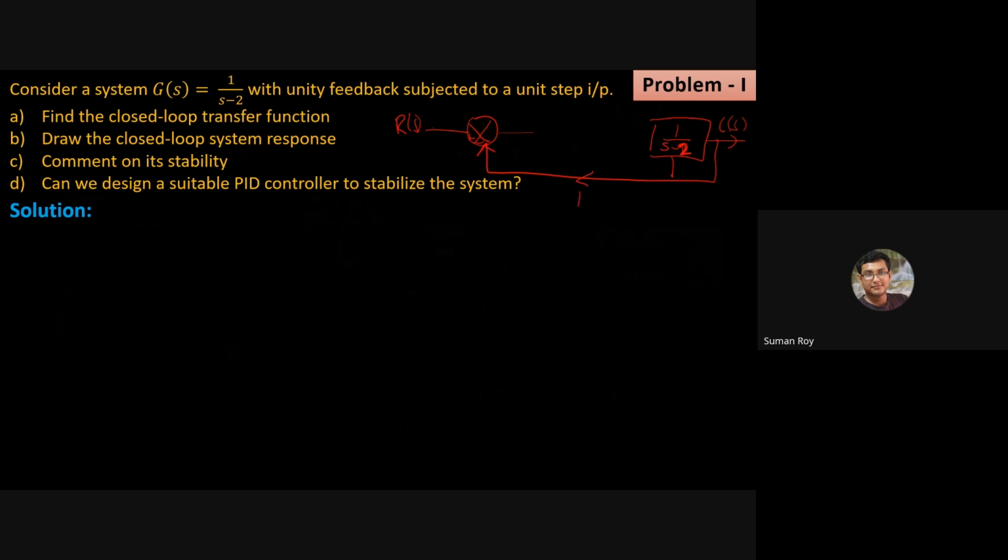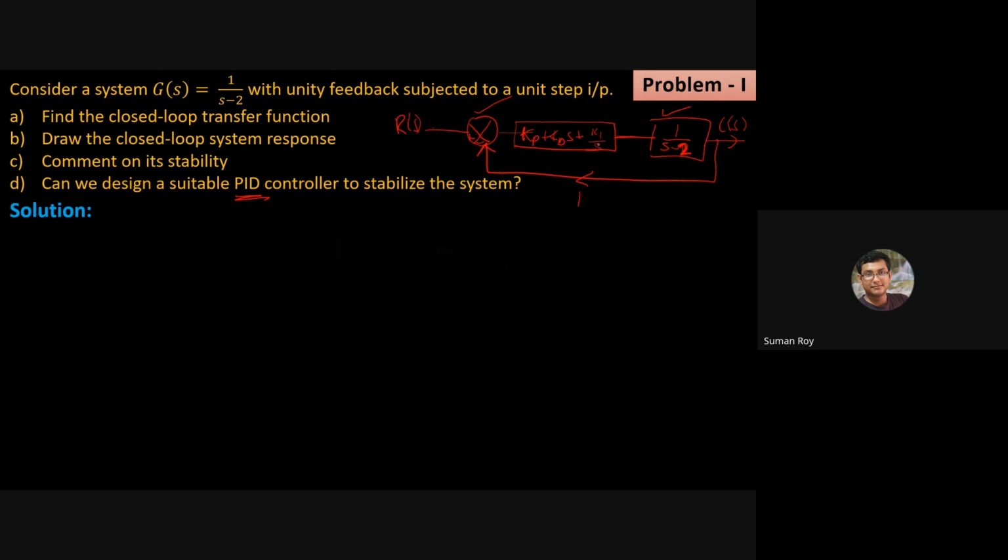Okay, fine. Now if I introduce a controller, I need to introduce the controller in between the error comparator and the plant, right? So what kind of controller will I introduce? PID controller. So here you need to write KP plus KD s plus KI by s.